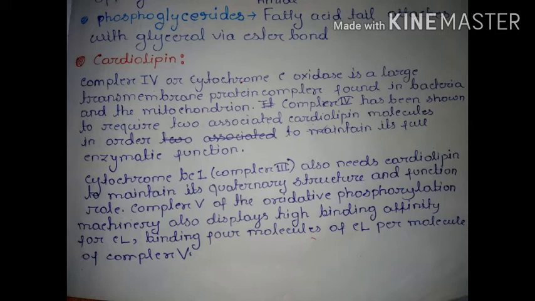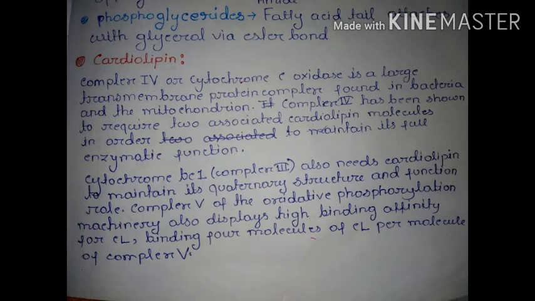Not only complex 4, or cytochrome C oxidase, but also cytochrome bc1, complex 3, needs cardiolipin. Why? To maintain its quaternary structure, function and role.